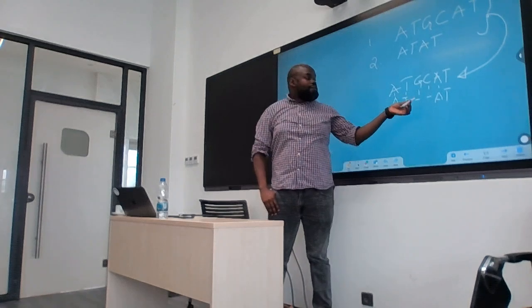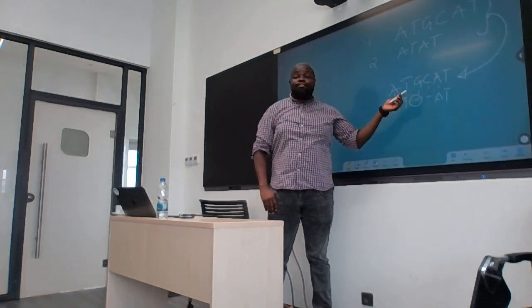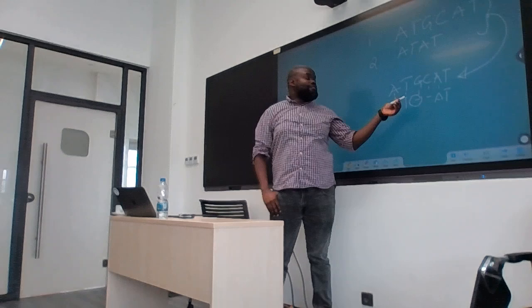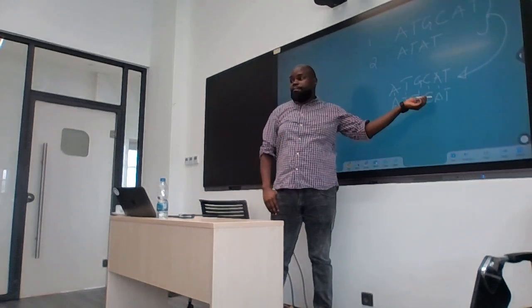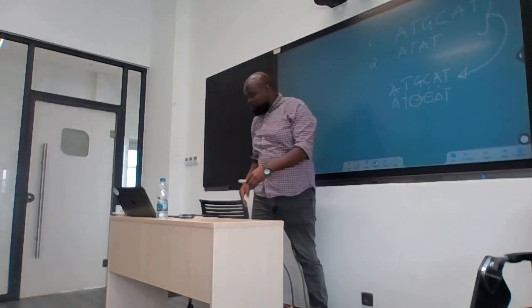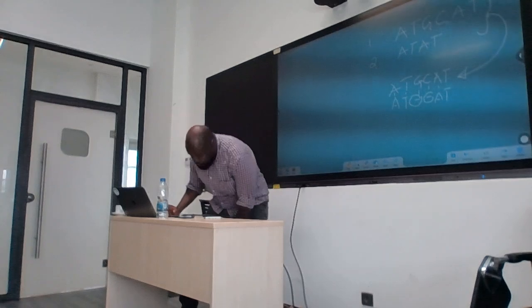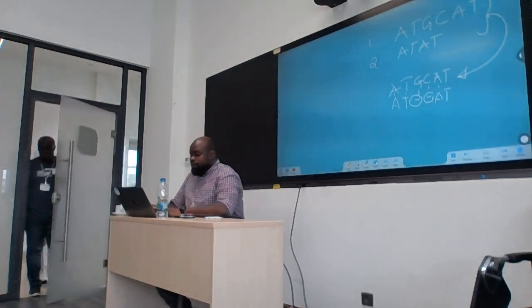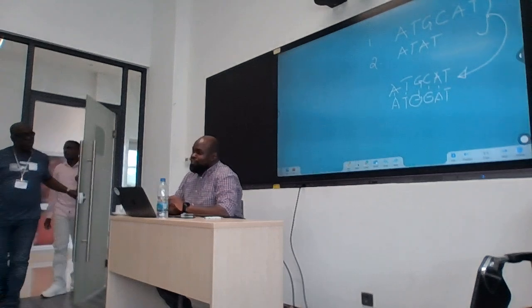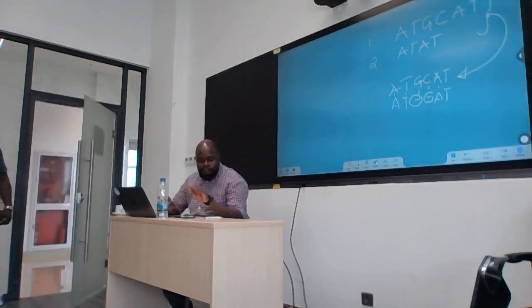Even the first gap might not necessarily have the same score as the second gap. That's why in the options you'll see something called the gap opening penalty. I'm not going to go into the details.